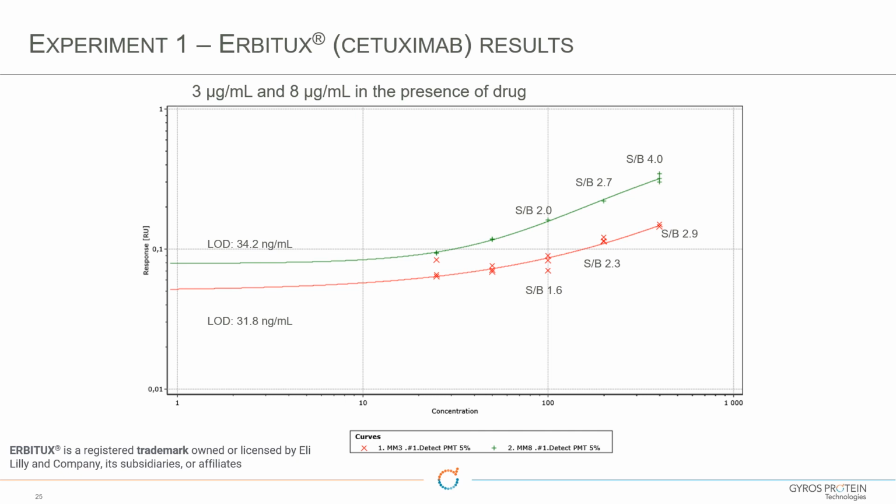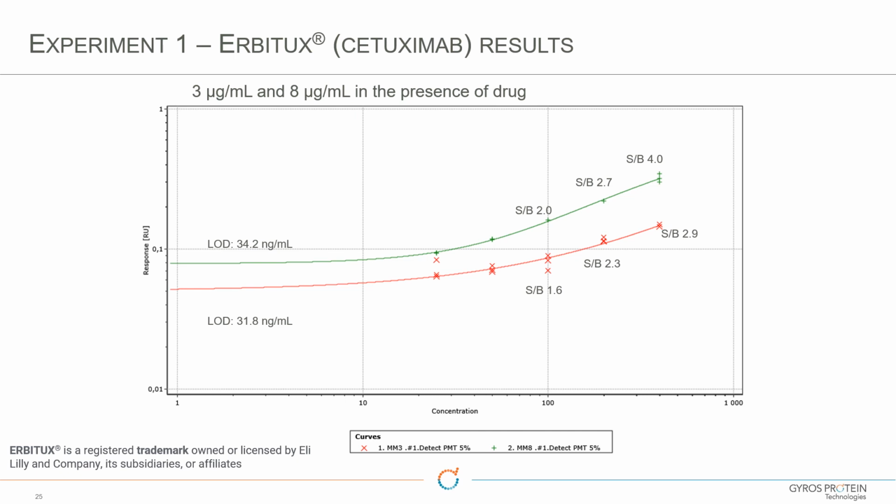Here is some example data that we generated in-house. This is for an existing biological drug, ERBITUX. We've looked at the 3 and the 8 microgram per mil master mix concentrations in the presence of drug. You can see that the limit of detection can be calculated in the software, where you extrapolate the curve to 0.